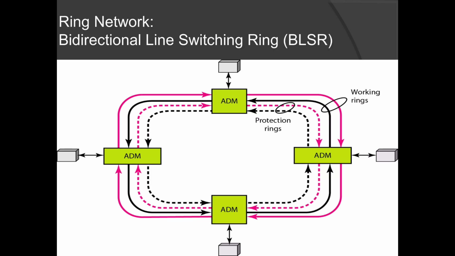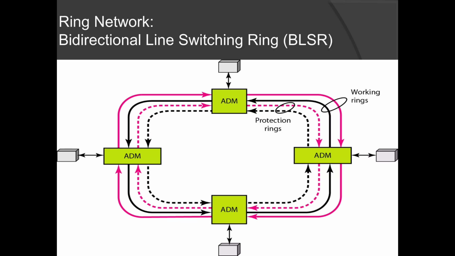Bidirectional line switching rings are simple to manage and simple to implement in networks, especially while transmitting data. They can be slower, but they are suitable for large networks with many nodes. So this is a bidirectional line switching ring.